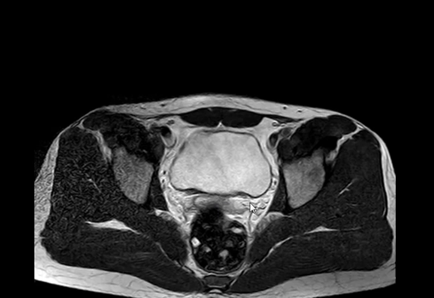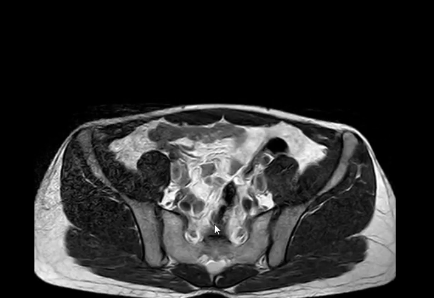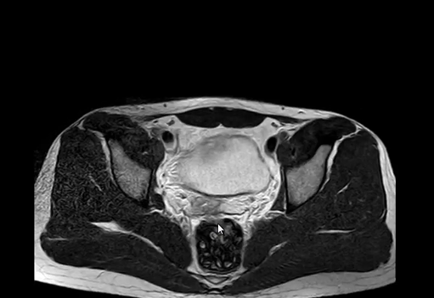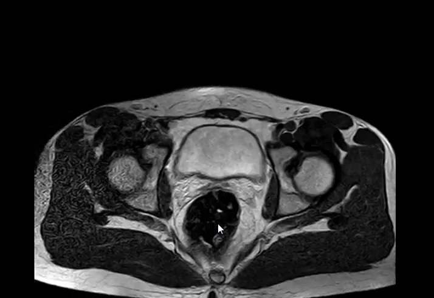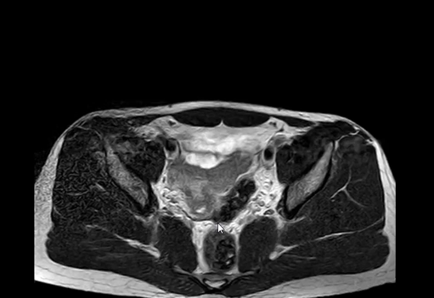What is this? I think it's just either seminal vesicles or a rudimentary vagina. It could be. You don't know. You can never be sure. Nice case, right? It's very simple, very obvious, but you don't think about it. And it's once in a lifetime.